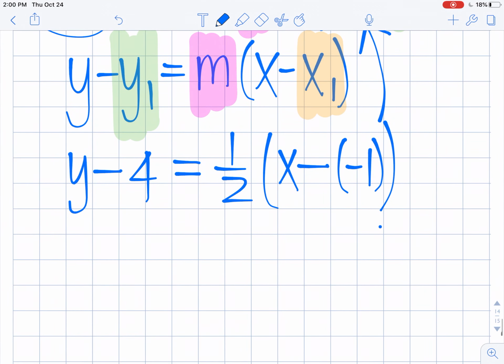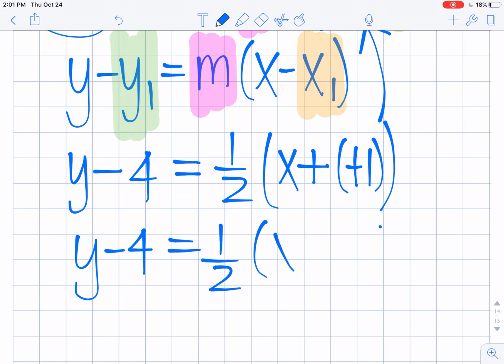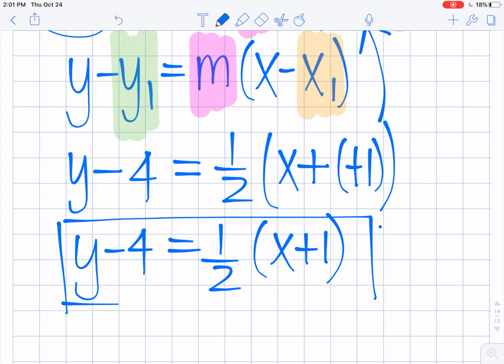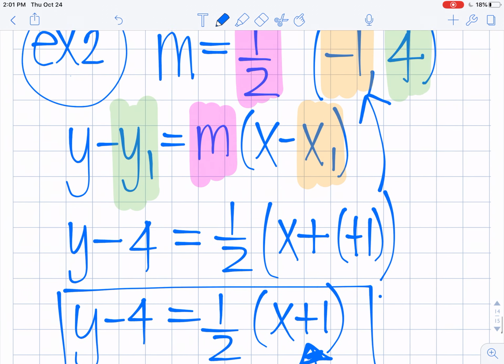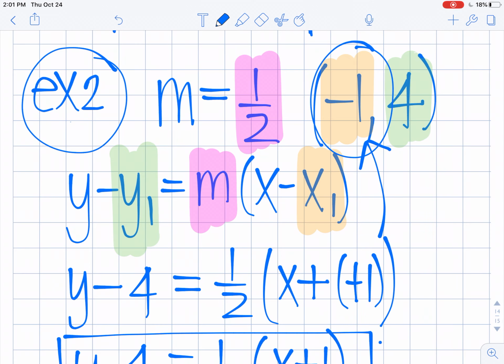Minus a negative is the same as adding, so I add the opposite. So this equation turns into y minus 4 equals 1/2 times x plus 1, and this is my final answer. This changed to a plus 1 because in my original problem, this point was negative.